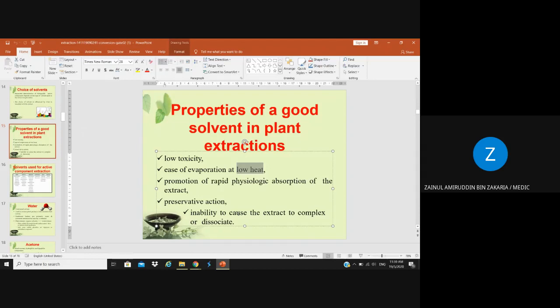What we need is a solvent that can prevent this, preventing the active compound in the extract from forming a complex or dissociating to become inactive. So these five are the properties of a good solvent.